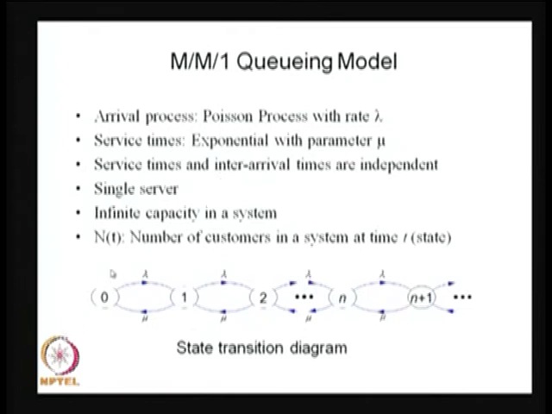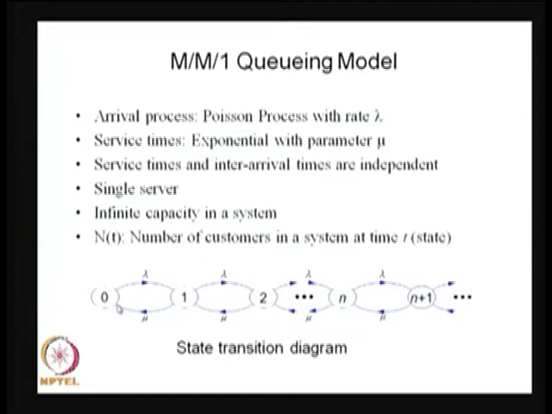Therefore, N(t) is a Markov process. Since the state space is discrete, this is a Markov chain. Therefore, this is a continuous time Markov chain. Therefore, N(t) is a CTMC.